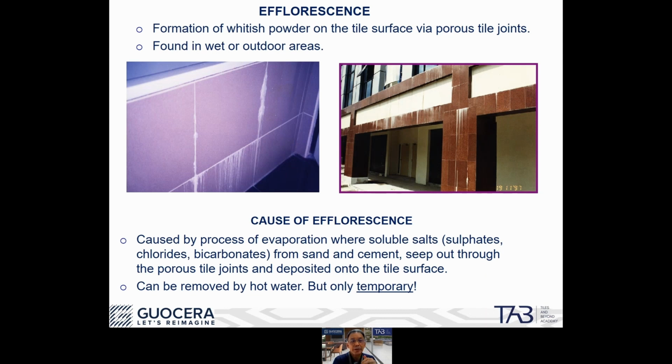So this is actually caused by the process of evaporation, whereby the soluble salts present in the sand and cement seep out. The most porous areas of the tiling process would be the cementitious, the porous grout, the porous joints. So it comes out in the process of evaporation, and it will be deposited on the tile surface.